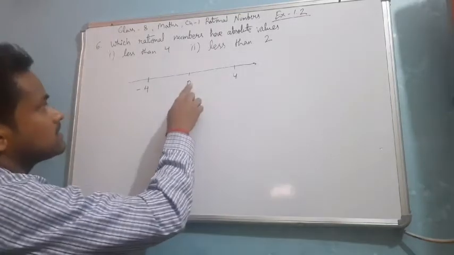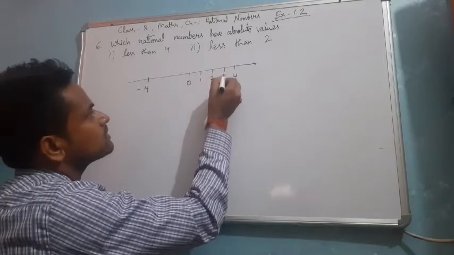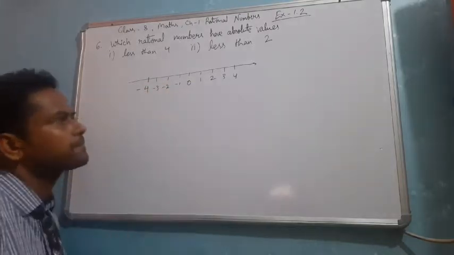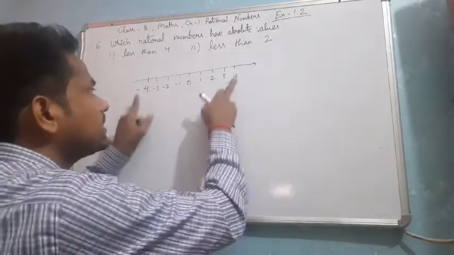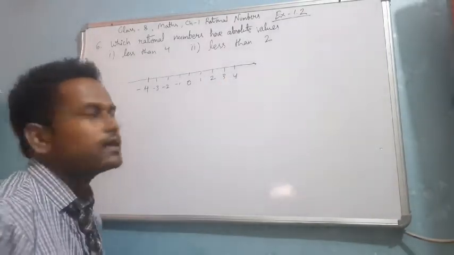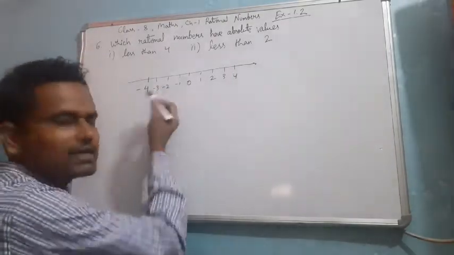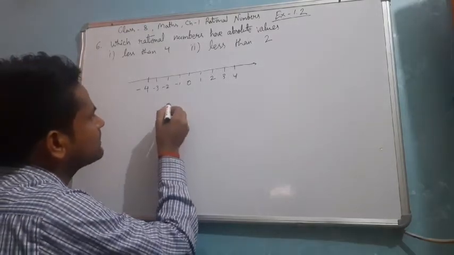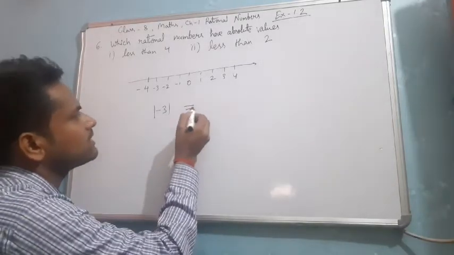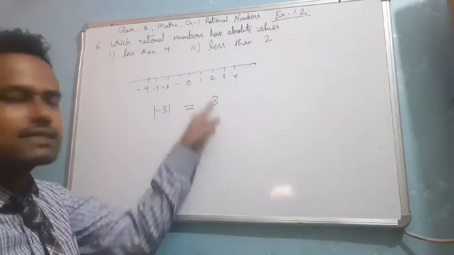Here 0, 1, 2, 3 and 4, and here minus 1, minus 2, minus 3. There are infinite rational numbers between minus 4 and 4. Suppose we take minus 3 and take its absolute value, then we will get 3, which is less than 4.